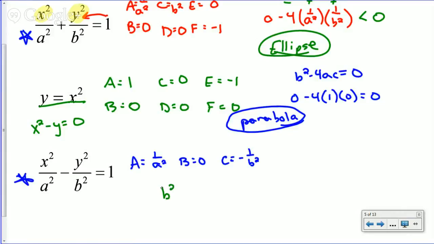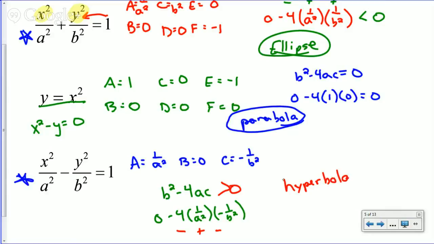That's 0 minus 4, 1 over A squared, negative 1 over B squared. Well, negative 4 is always negative. 1 over A squared is positive, and 1 over B squared is positive, but it's a negative out front. So negative times a positive times a negative has to be positive, which from the definitions of that last slide, we would know has to be a hyperbola.